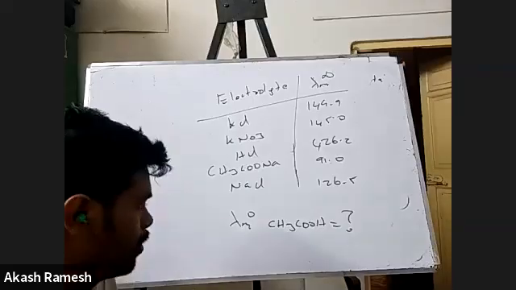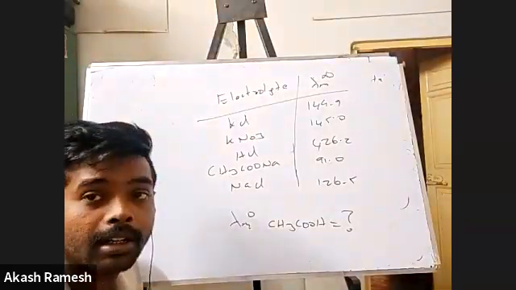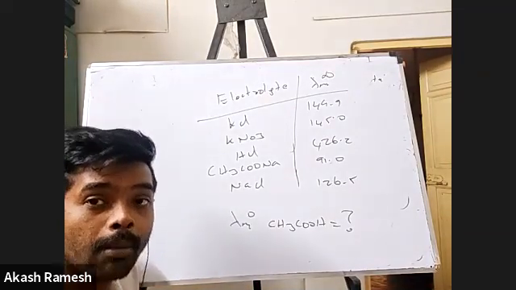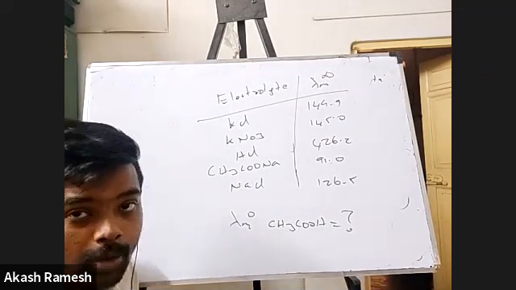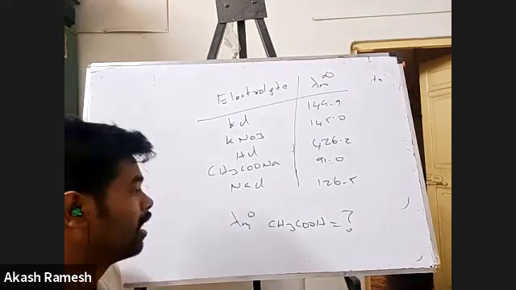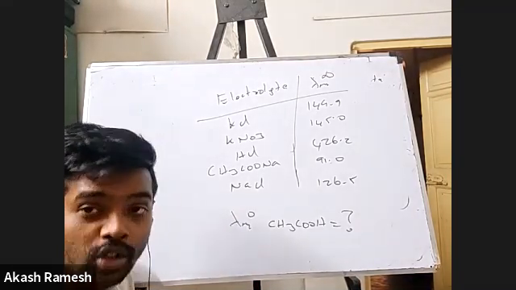So I don't know whether you know this. Please understand, people. Kohlrausch's law states that the total limiting molar conductivity is equal to the sum of the individual ions' limiting molar conductivities. If you have a mono cation or a mono anion, there is no problem.